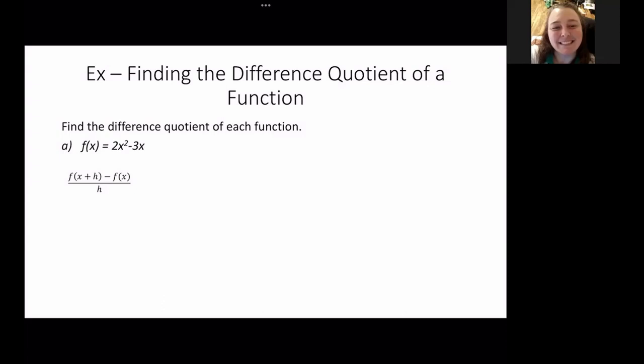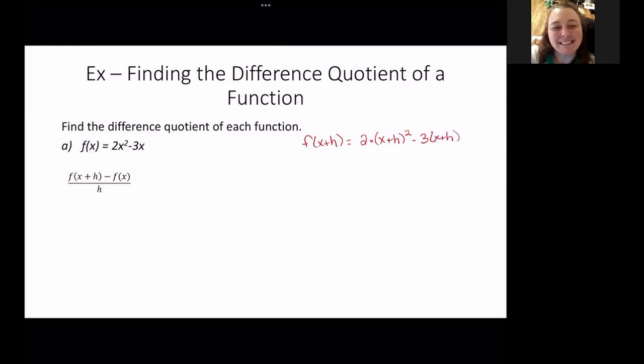Now, remember what I said, we take whatever's in the parentheses and we put it in for x. So let's first find f of x plus h. So f of x plus h is going to be equal to 2 times x plus h squared minus 3 times x plus h.